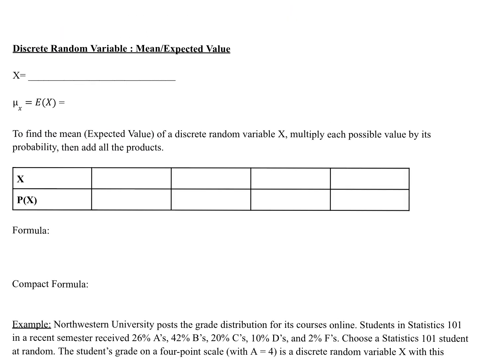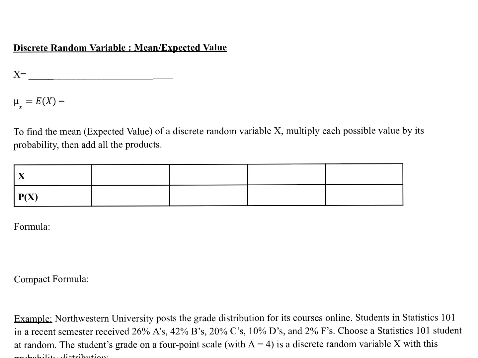So with discrete random variables, we can actually calculate its mean or its expected value. So X is whatever our numerical outcome is of our random event.